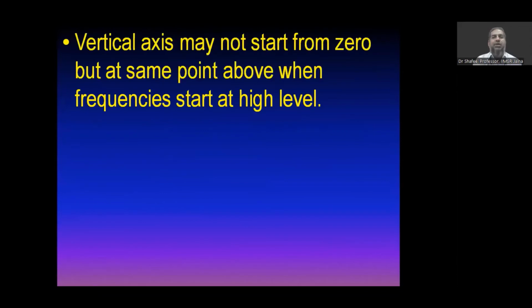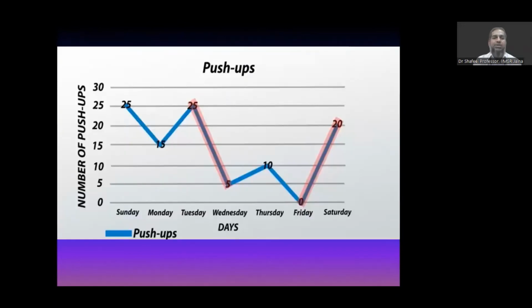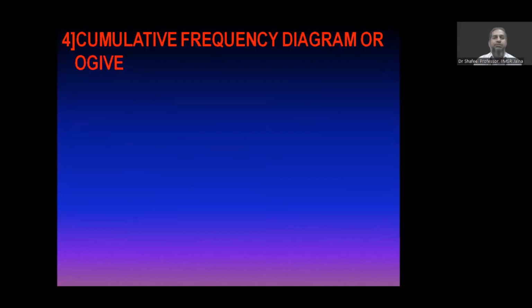The vertical axis may not start from 0, but at some point above when frequencies start at a high level. The shape of the line chart may alter with change of scale on the vertical or horizontal axis, but the trend indicated remains the same. This is one example of a line diagram, for the number of push-ups.